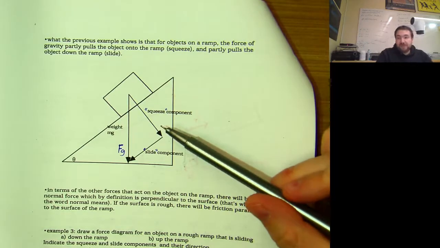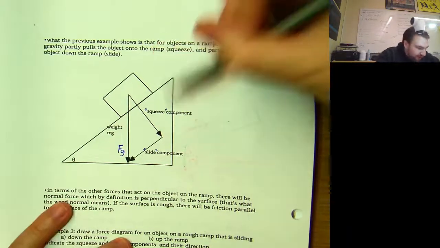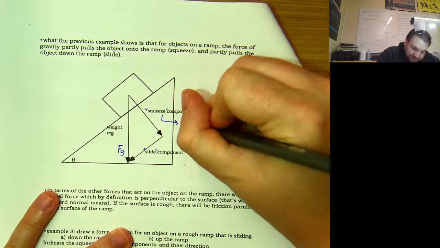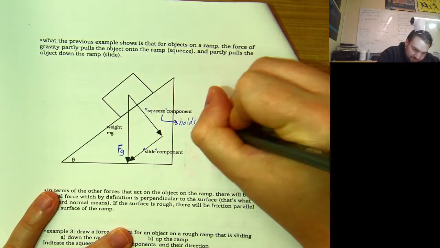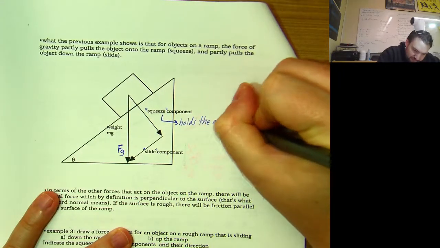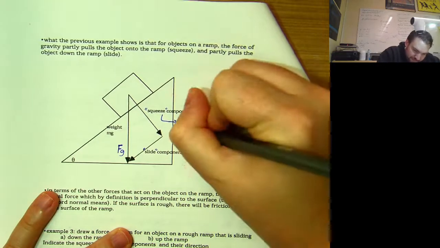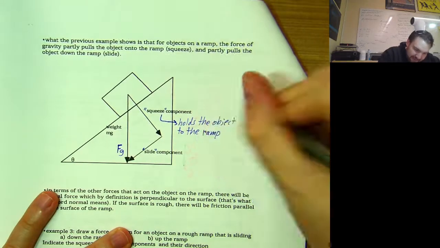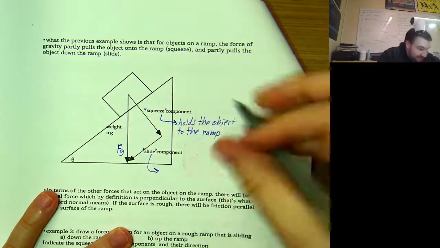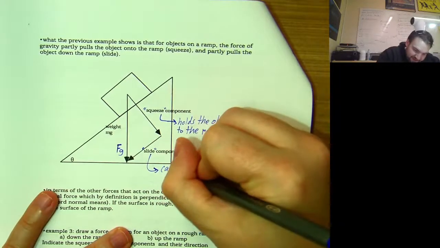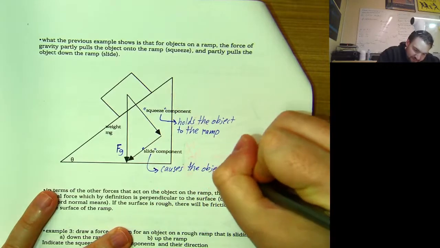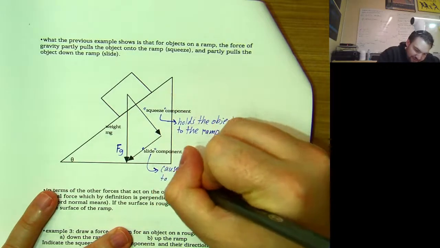We call it the squeeze component because it's this component here that holds the object to the ramp. And the slide component is called the slide component because this causes the object to slide down the ramp.